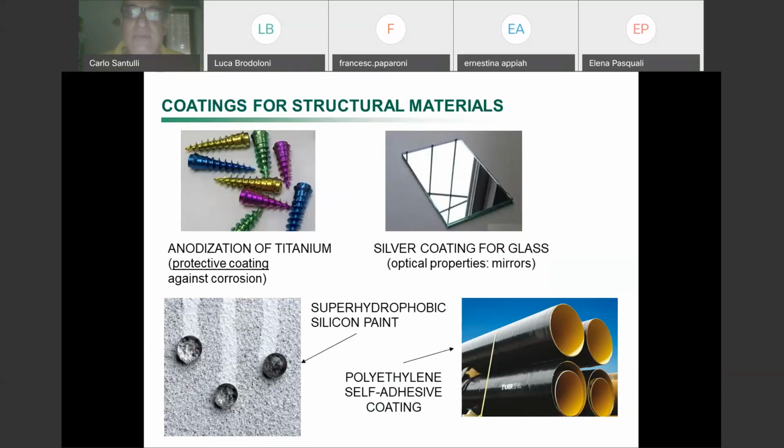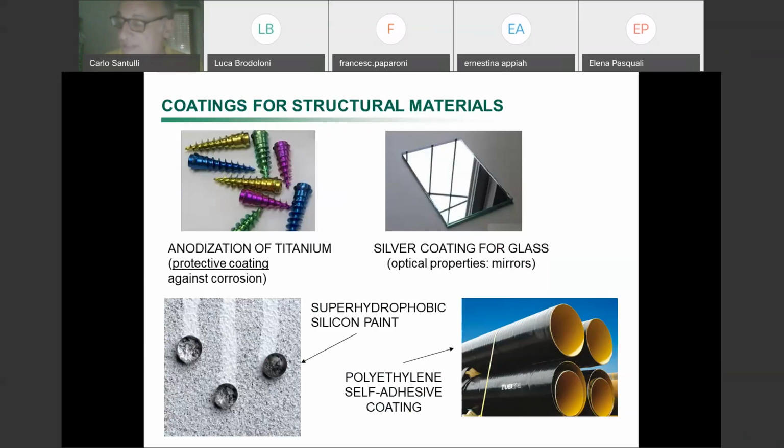This is a coating which is essential for function. We don't expect that the coating alone would withstand the force, but the coating is applied to perform some function, to give to this structure a function which it didn't have in the first place.